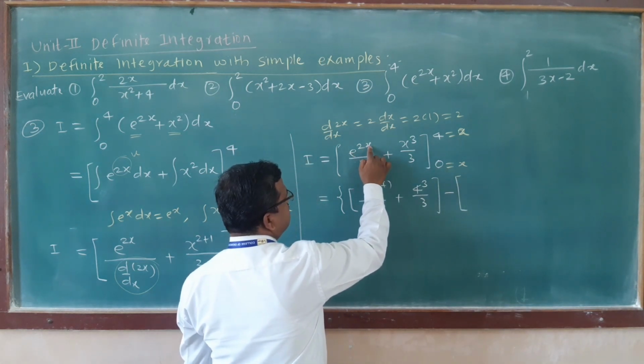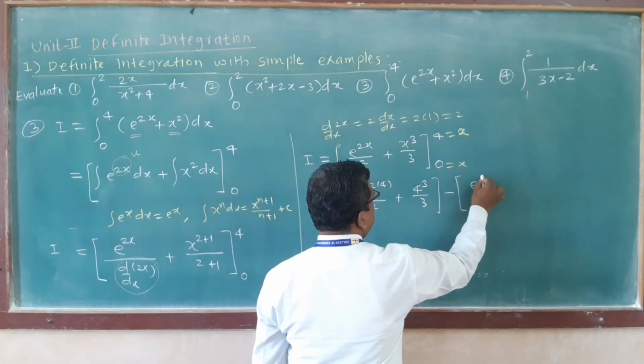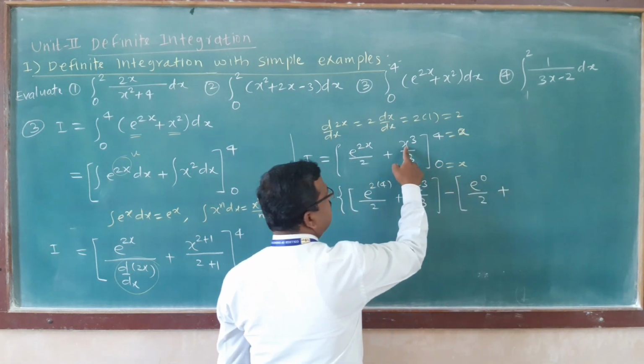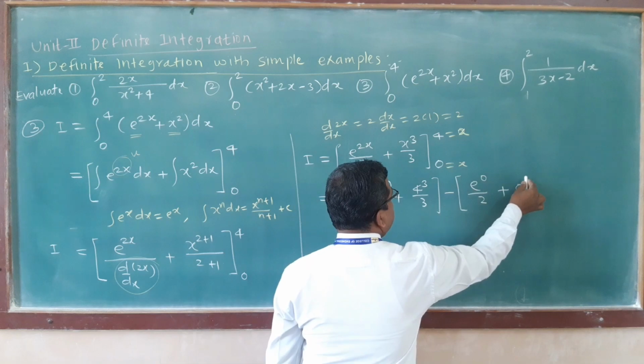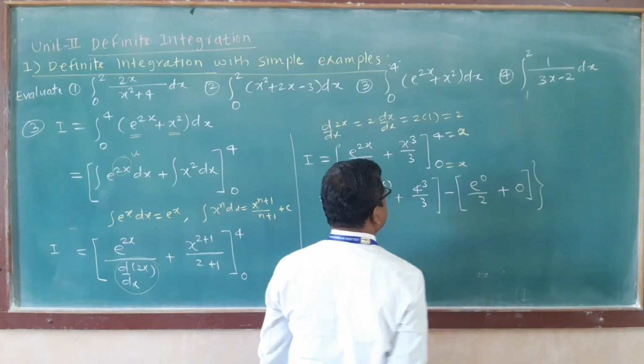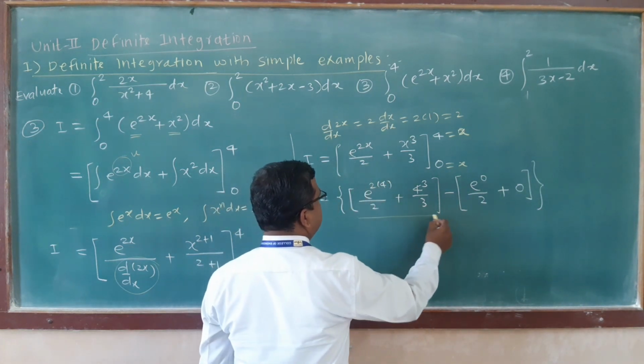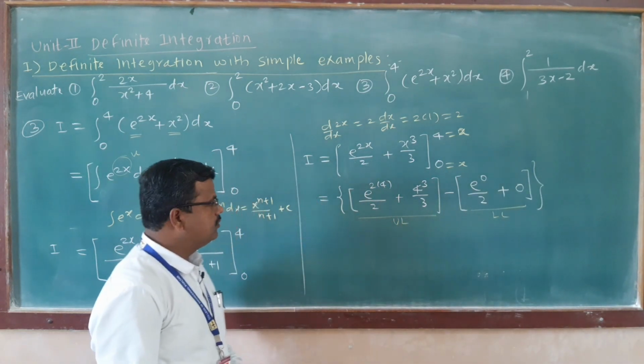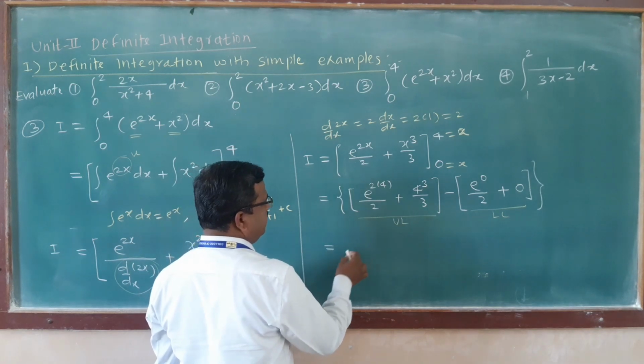So e raised to x 0 means e raised to 0 upon this is 2 plus if you put x 0, x cube will be 0. So this term become 0. So this is upper limit minus this is lower limit, and we simplify for next answer.